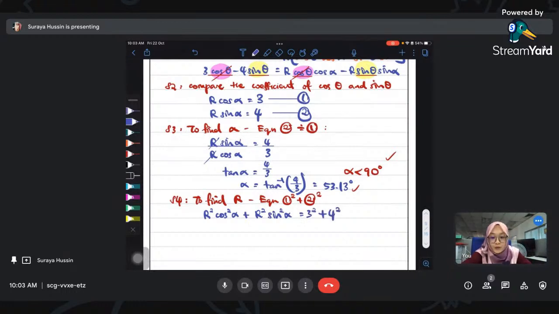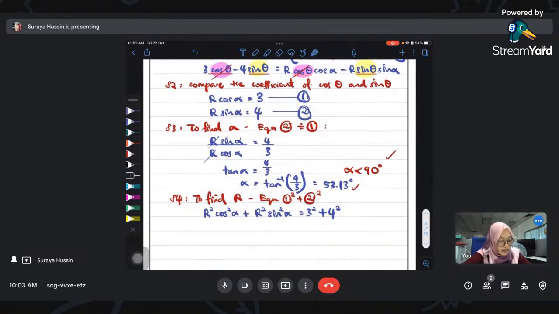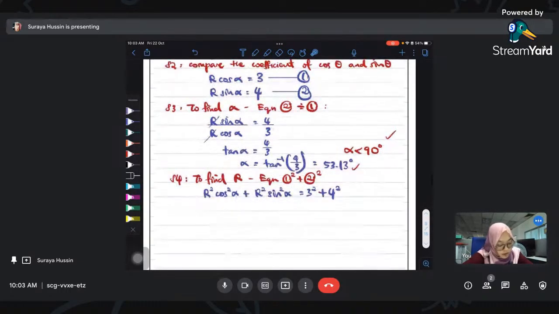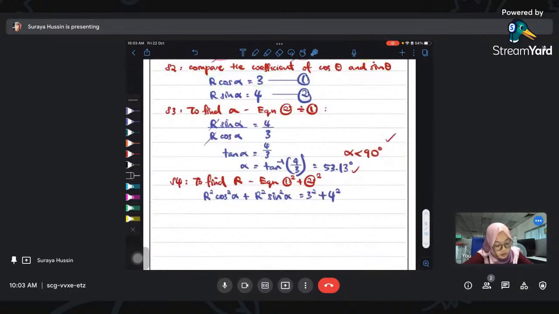That is how you do it. Itulah yang dimaksudkan dengan equation 1, squarekan dia, tambahkan dengan equation 2, squared. That's it. This is what I got. Okay, and then I factorize it.